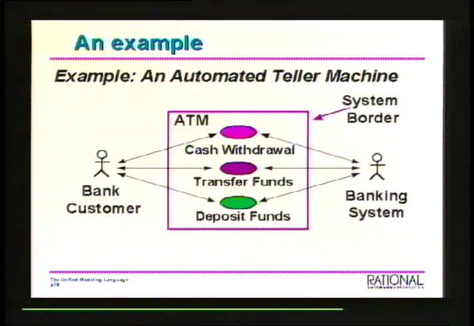In this case, we identify 3 different ways of using the system. Then you describe it, and you may describe it using different techniques. Typically, you should describe it using English, because that is really understandable by most stakeholders. But you could also use other techniques like state transition diagrams and interaction diagrams.